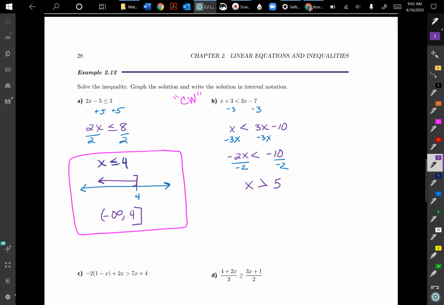That causes the sign to change on the constant number there. So that would be my answer in just inequality notation. And then here's my answer in graph. And my answer in interval notation.